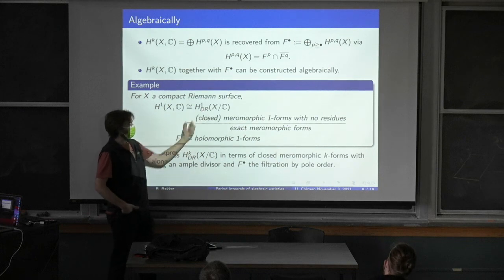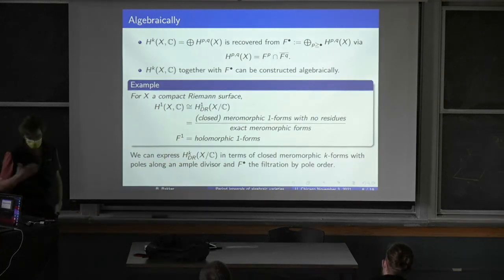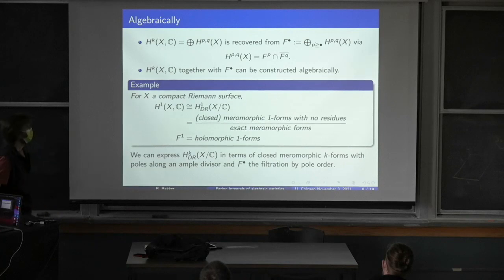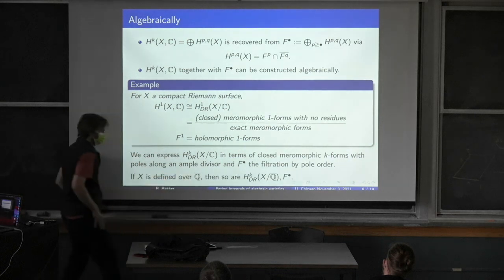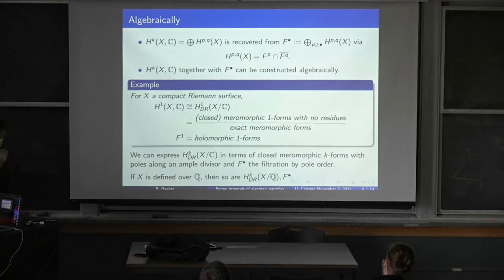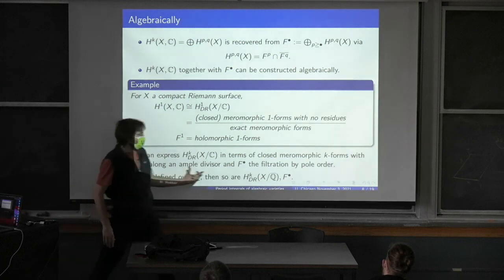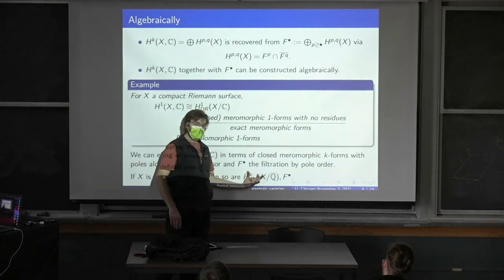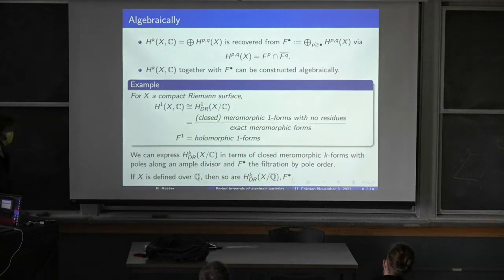And then the full de Rham cohomology is where you allow poles, namely meromorphic. And the key point here is that since I've constructed this algebraically, it in fact works if X is defined over Q bar. In other words, if X is defined by polynomials whose coefficients are algebraic numbers, then this gadget is a Q bar vector space and the filtration is defined. So that gives me some additional structure.